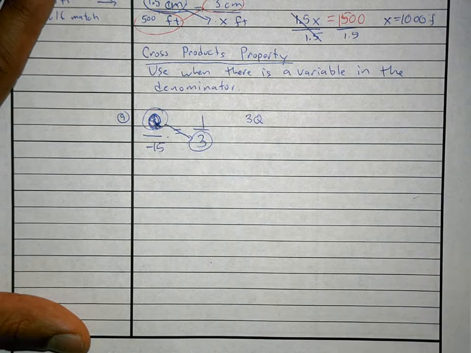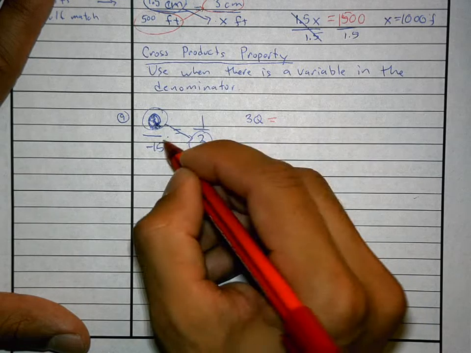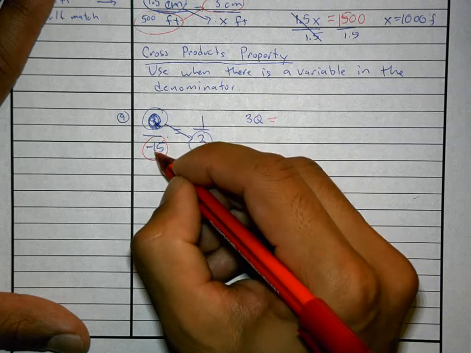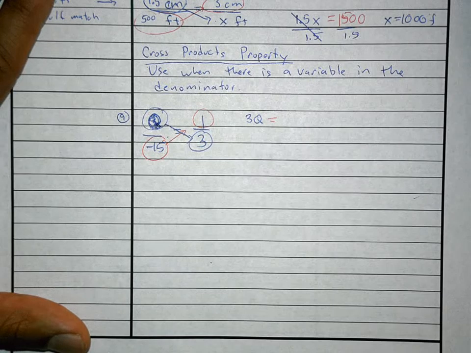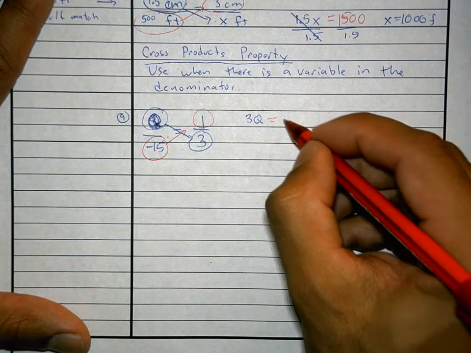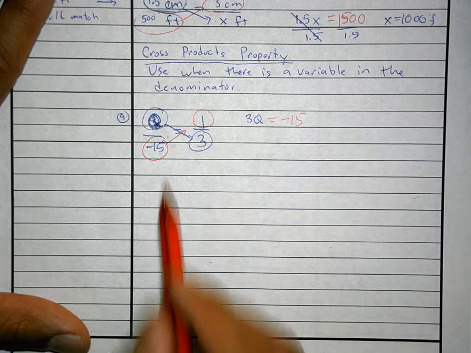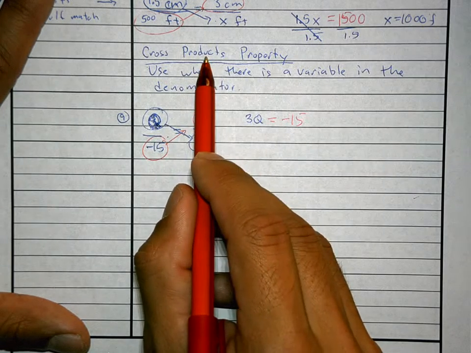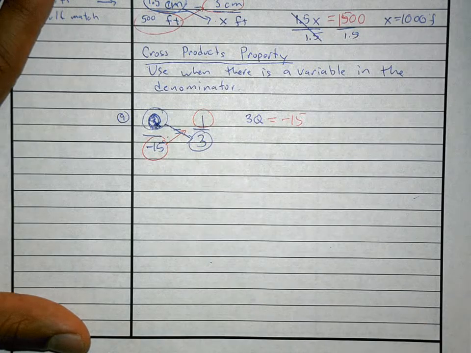And then what I'm going to do, and I'll do this in red, is going to be equal to this bottom piece times the top right, which is negative 15. Don't forget, product means multiply. We're multiplying these two things.